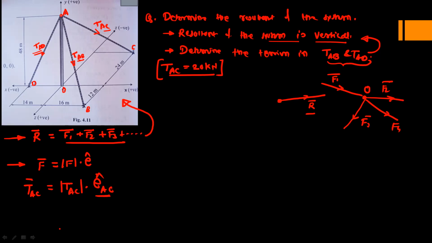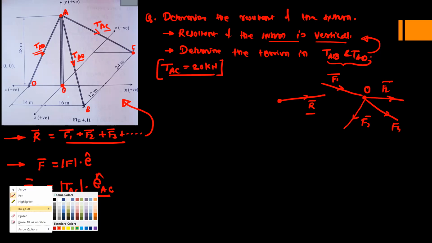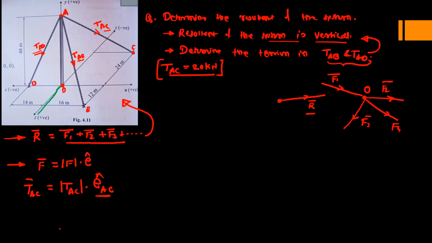So first, find out the coordinates of point A and point C. So here this is the origin. This is the z-axis. This is the x-axis, and this is the y-axis, which is along the rod OA.